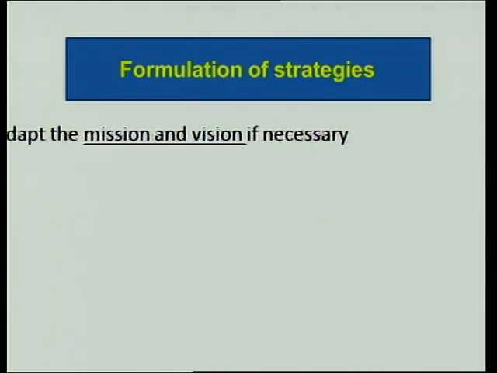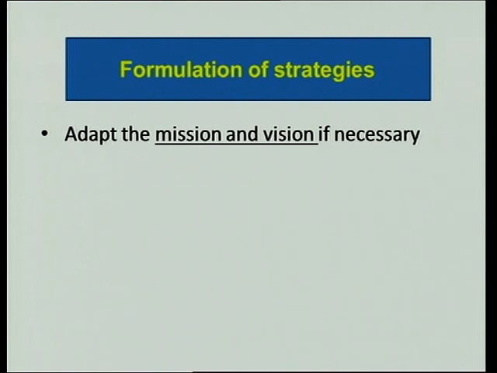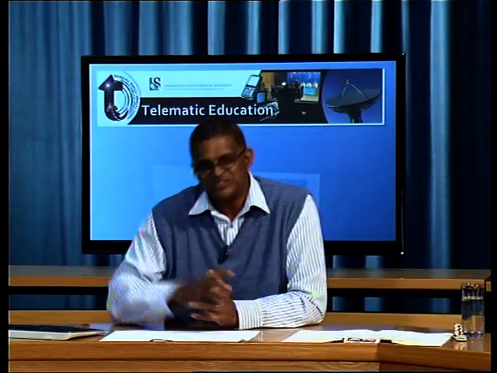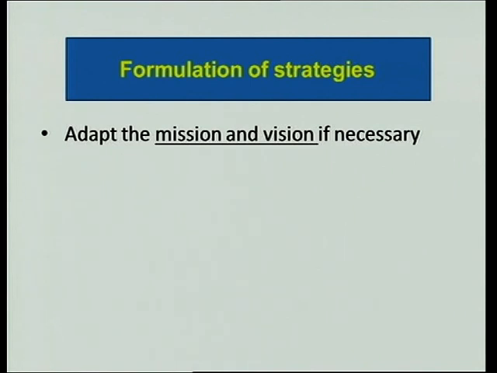Now, in formulating a strategy, there are a few things that you need to remember. I want you to keep this in mind, because when we look at our essay later on, that's going to be part of the formulation of the strategy. Firstly, we've got to adapt the mission and the vision of the business if it is necessary. We could be facing these challenges because our vision and our mission is not in line with what we want to achieve.